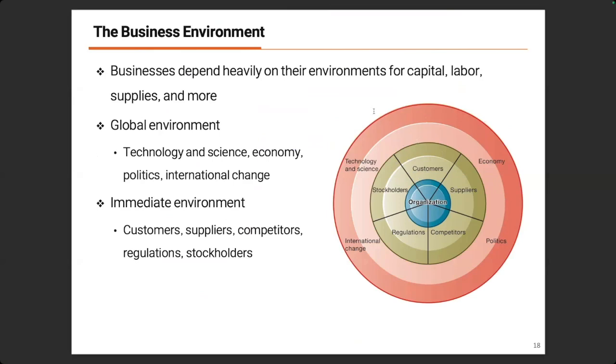So we can divide these entities into two kinds: the global environment and the immediate environment. The global environment includes technology and science, economy, politics, international changes, and the immediate environment includes customers, suppliers, competitors, regulations, stockholders.